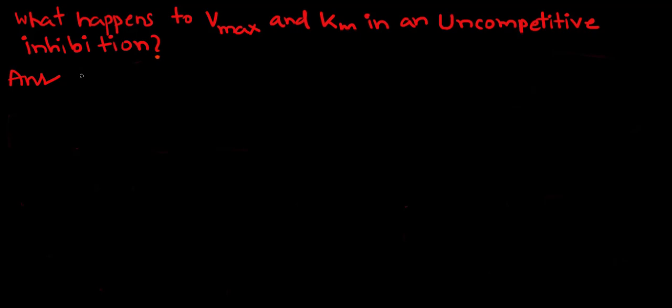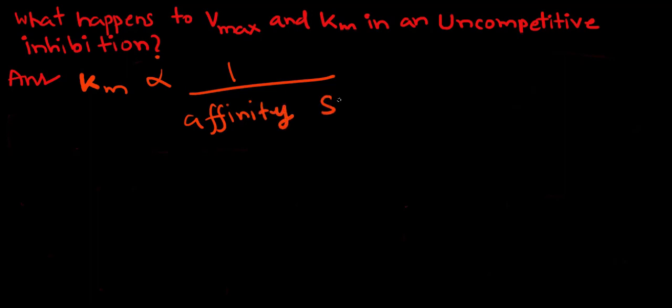Okay, in this video, we are going to see what happens to Km and Vmax in an uncompetitive inhibition. In my previous video, we discussed how Km is inversely proportional to the affinity of the substrate towards the enzyme, right?